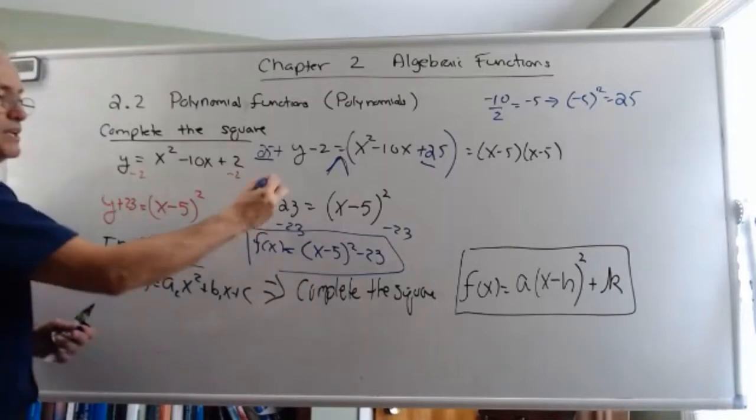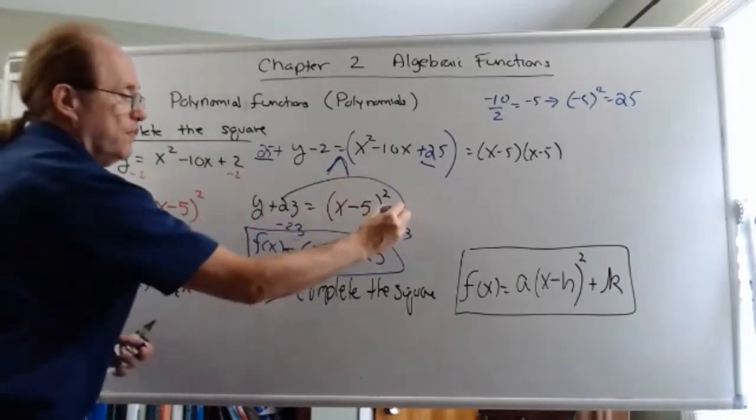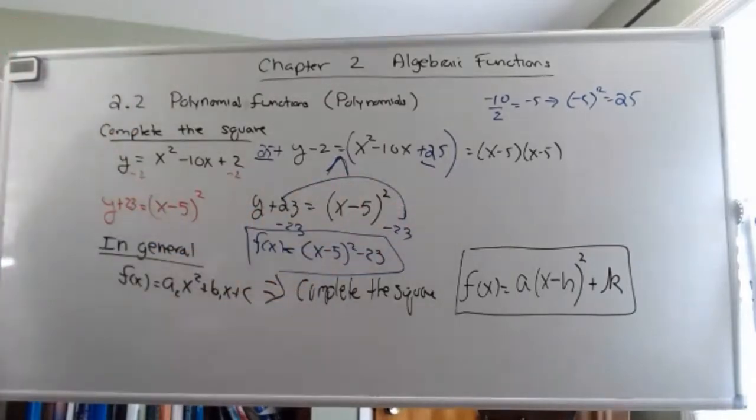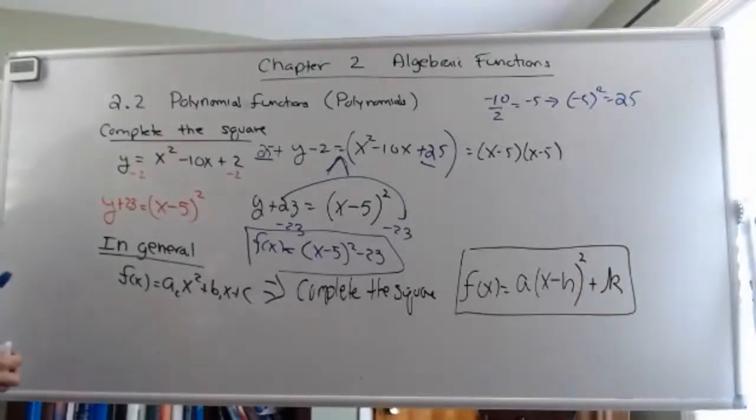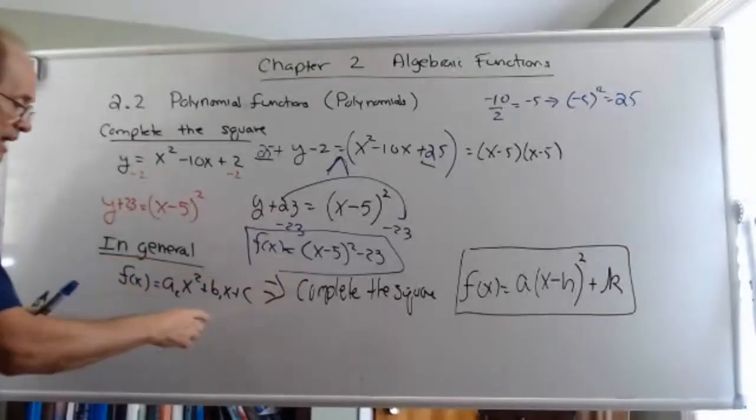So I went through an extra step and moved that number over to the right-hand side. That's all I'm saying, that general form. I can do it with any quadratic. So this can be transformed into that.